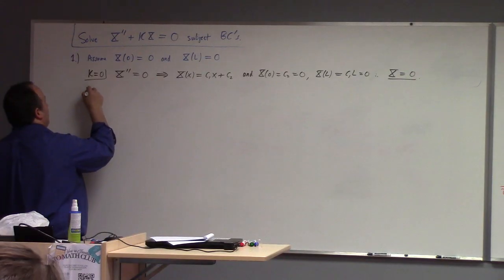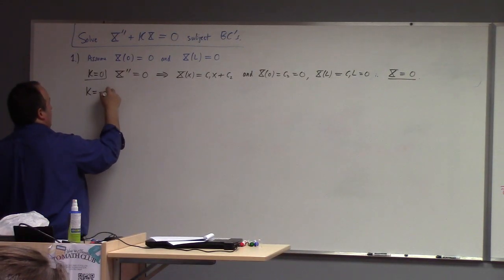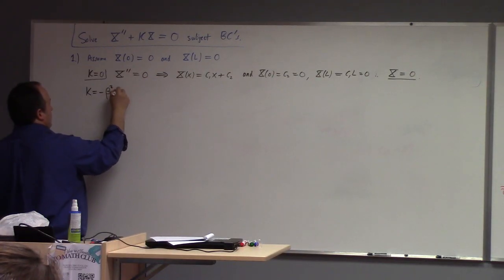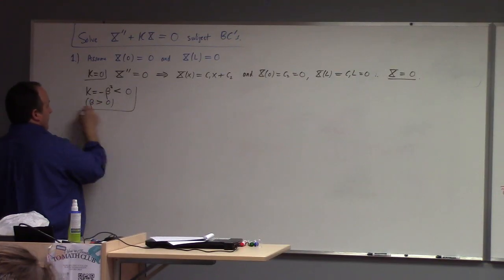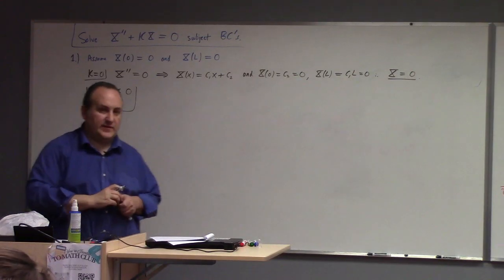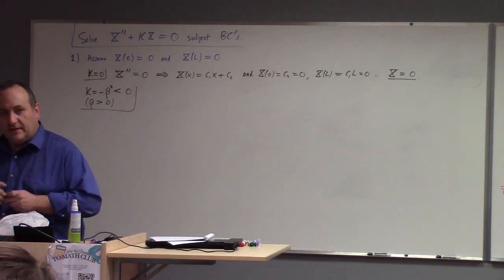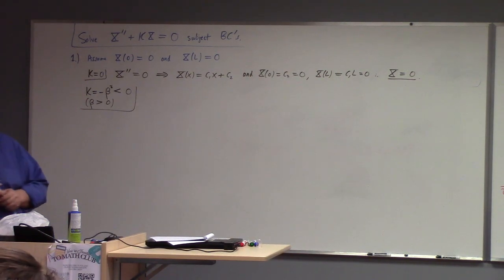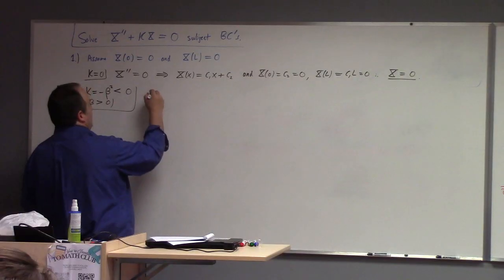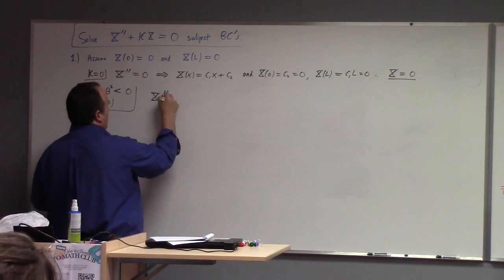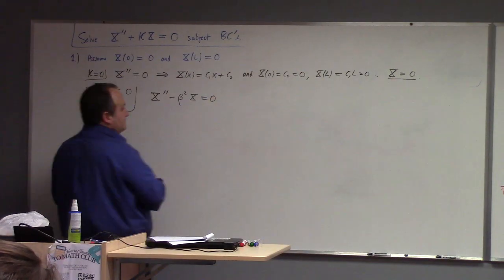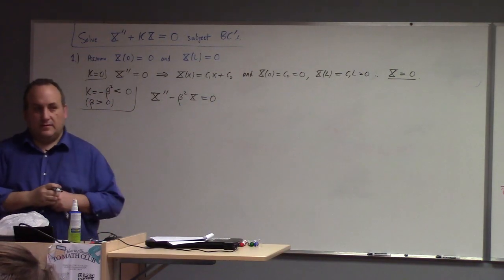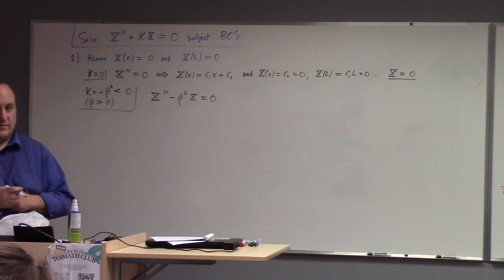Next, I will look at the k equals minus beta squared case. So here, this is less than 0. I'm assuming that beta is positive, okay? That's just a convenient way for us to formulate the problem in the context that the constant is negative. It's most convenient to write it that way because then you see we're up against x prime prime minus beta squared x equals 0. But I warned you guys about this earlier in the course.